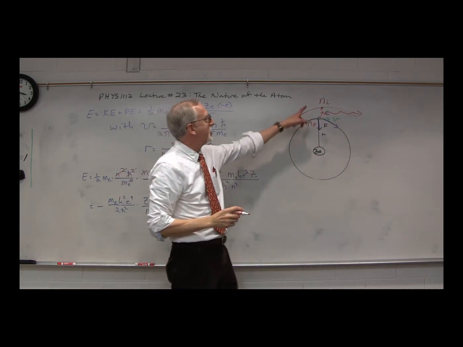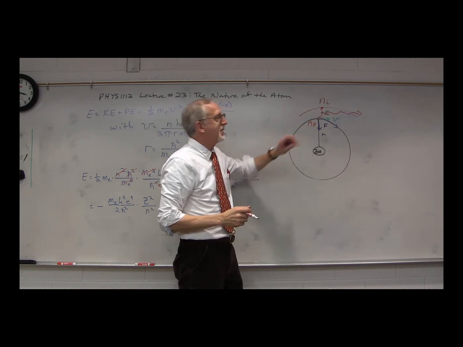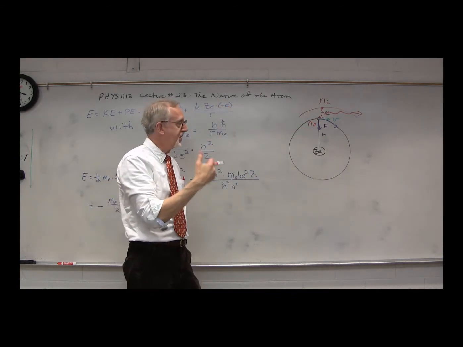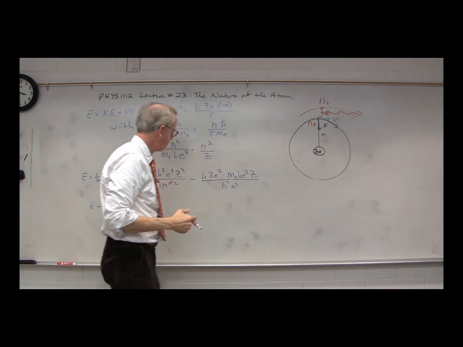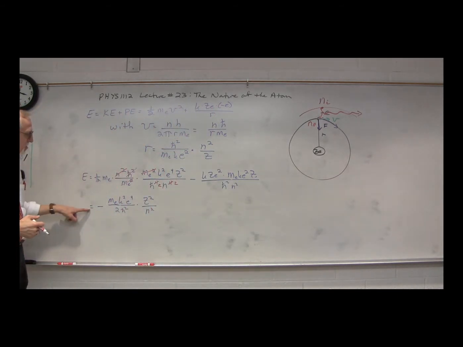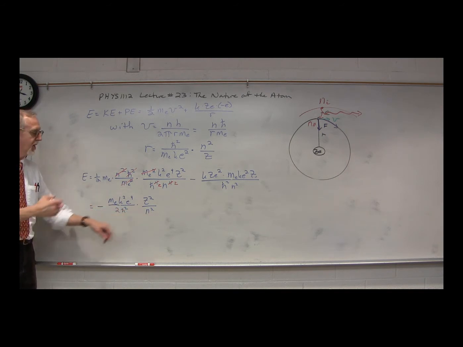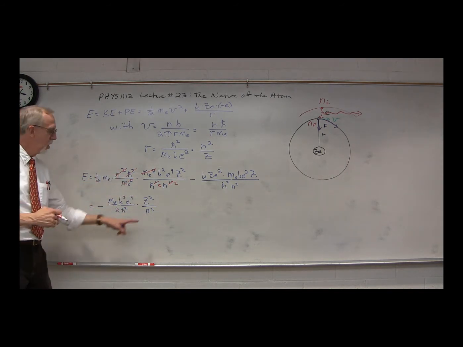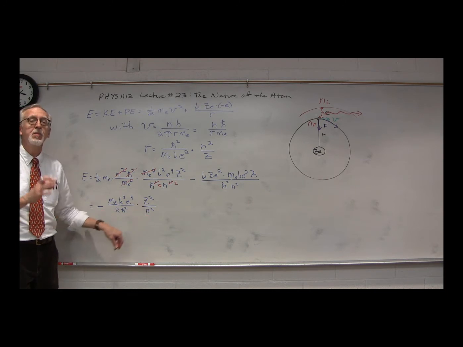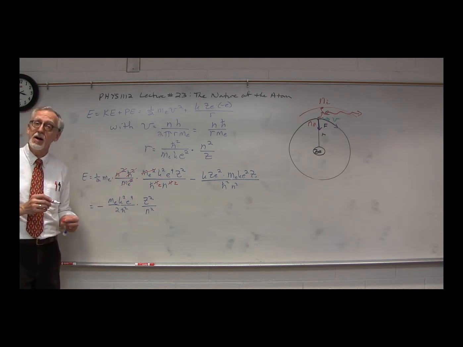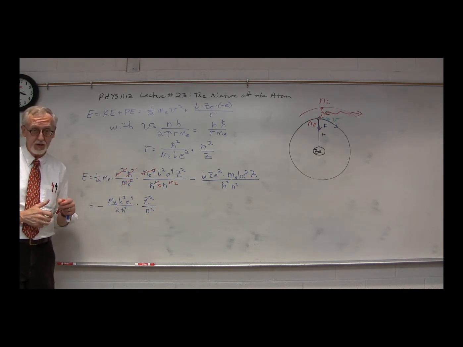In other words, the energy of n_initial minus the energy of n_final. That will be the emitted energy of the photon. So let's take this value for the energy with n_initial and then subtract the energy with n_final. And that should be our energy of the emitted photon.